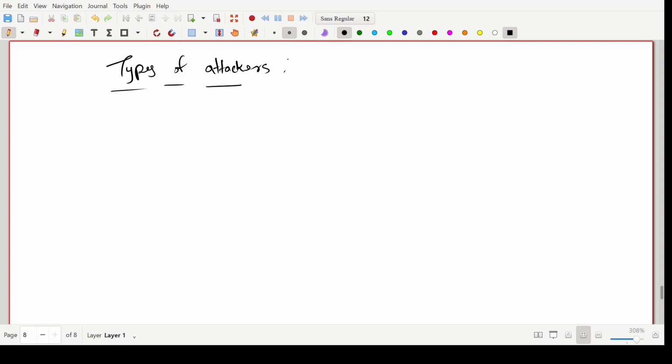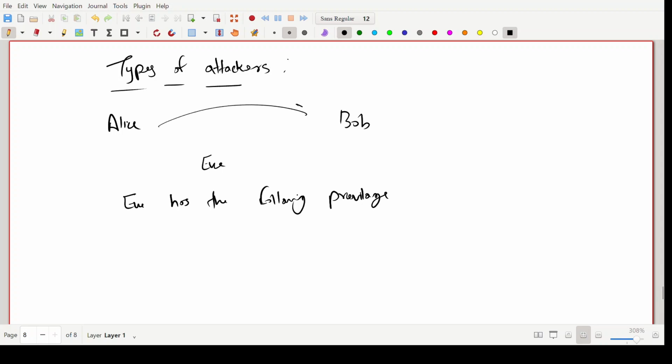See, when a sender Alice sends an encrypted message to Bob over a channel, then an attacker, we call it Eve. So I have Alice, I have Bob, and the attacker Eve, whom we call an eavesdropper, has the following privileges to access the communication.